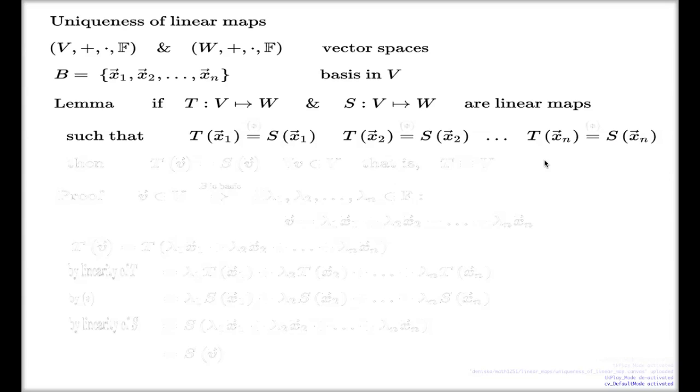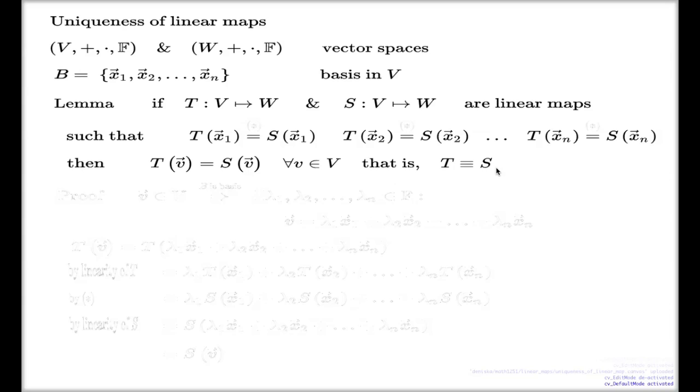If I know such things, in a finite dimensional setting, the conclusion will be that T delivers the same value as S on any vector V. Effectively, that means that T is identical to S. So in the finite dimensional setting, two linear maps, if they match on some basis, they will match everywhere.